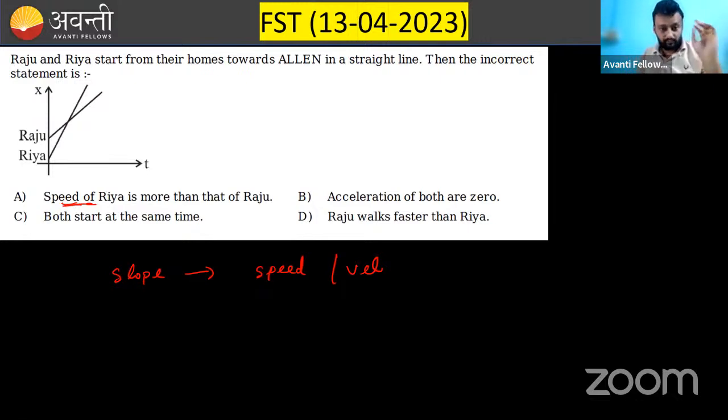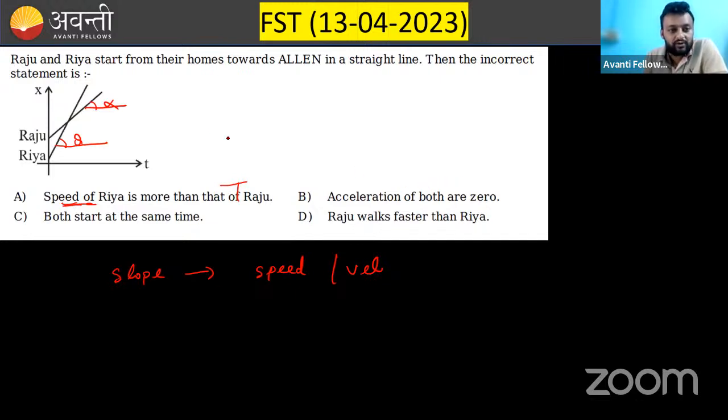So which has more slope? You can see that this is the slope of Ria and this is the slope of Raju. Let's suppose this is alpha. You can clearly see that the slope, that means angle, is more for Ria. That means Ria moves faster. So speed of Ria is more than that of Raju. This is the correct statement, true statement.